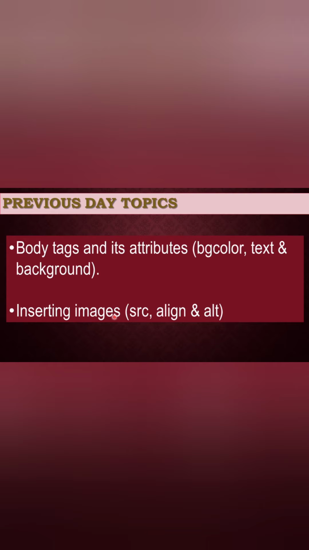So if you want to insert an image on your web page, you have to use this src attribute along with the img tag. Align attribute is used to align your image to the right or left of your web page. And alt attribute is used to provide a brief message on the web page when your image is pointed to.